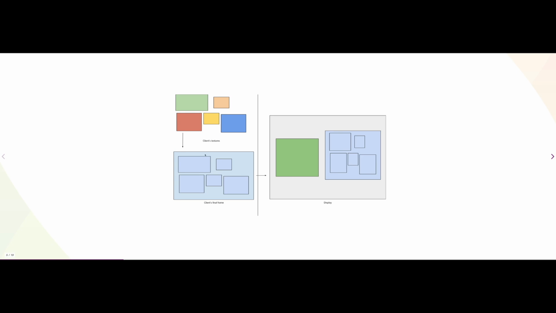So this big blue rectangle in the bottom left corner. Then the frame data is sent over to a system compositor, which does final compositing. It may also have frames from other clients, or it may need to draw some system UI.